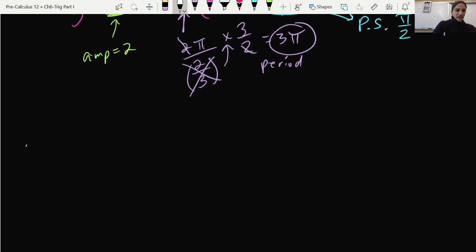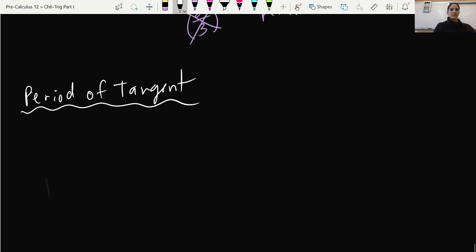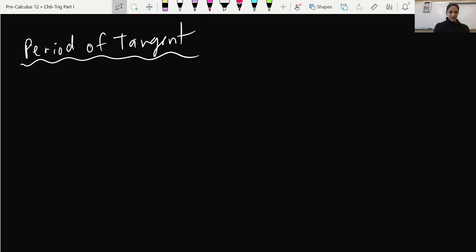And let's take a look at the period of tangent. Just a reminder that if we have a regular y equals tan x, the period of that is pi.